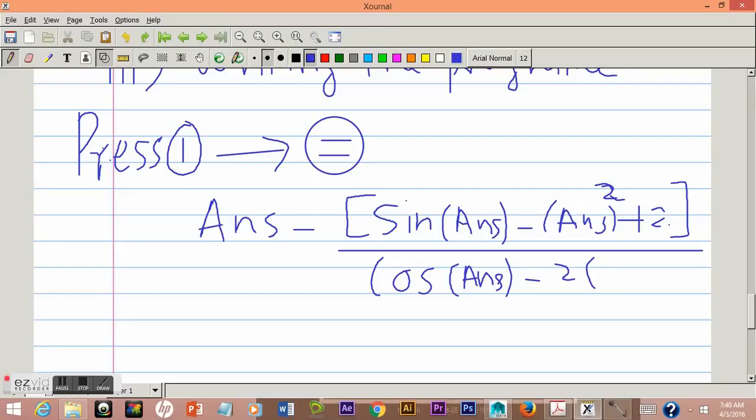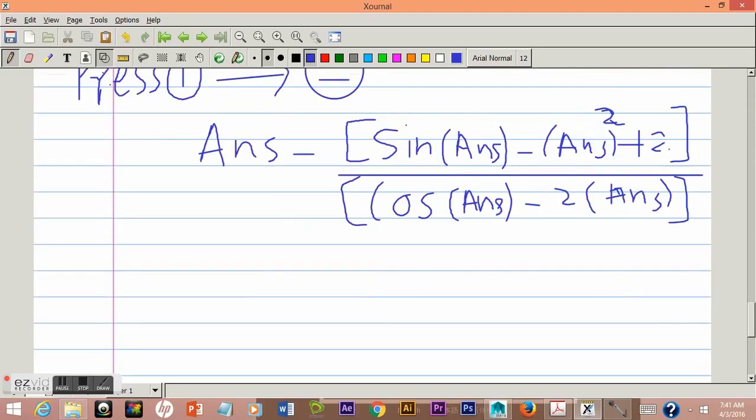After pressing equal, you get the value 2.26154.